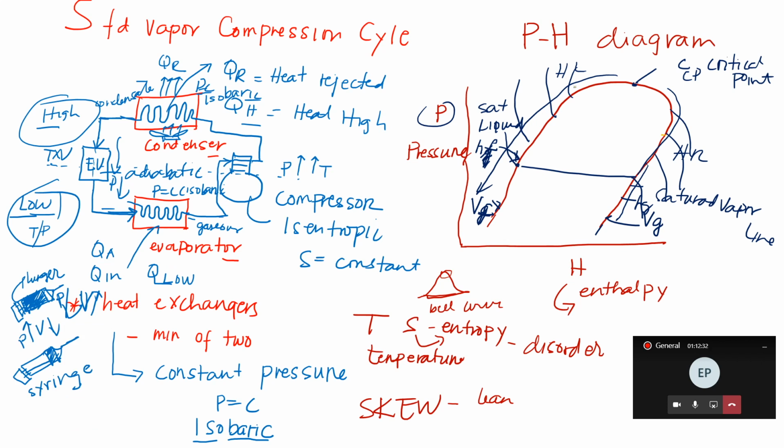Ulitin ko, I'll repeat. All these are saturated. Saturated gas. Walang liquid dito. Dito naman, saturated liquid or F. Wala ditong gas.